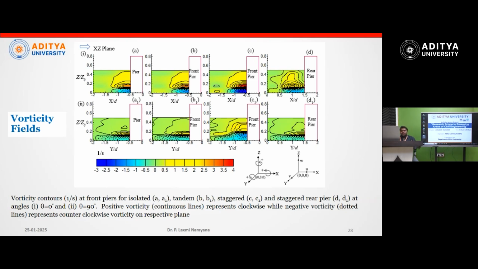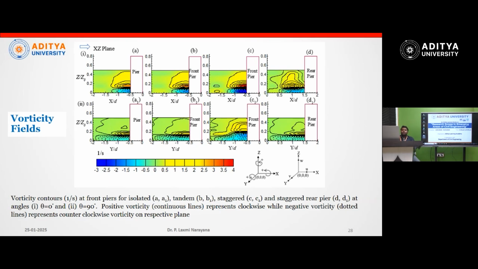In the literature, the combination of primary and secondary vortex is known as the horseshoe vortex. That is the main hero to erode the sediment bed particles around any hydraulic structure. The horseshoe vortex is the main thing which can erode the particles from the mobile bed, and we can see both vortices in the vorticity fields.